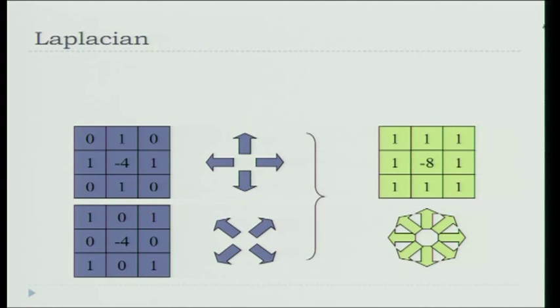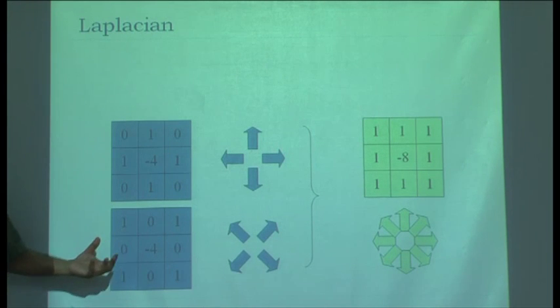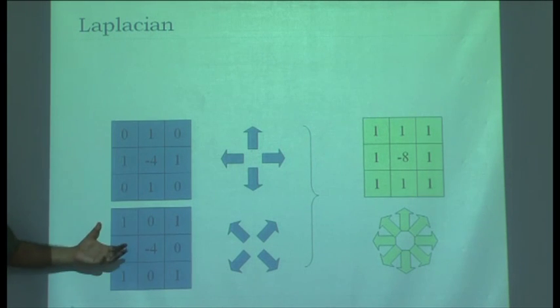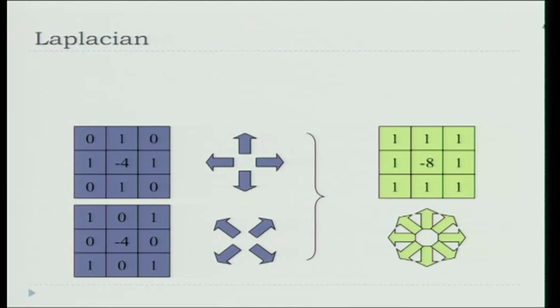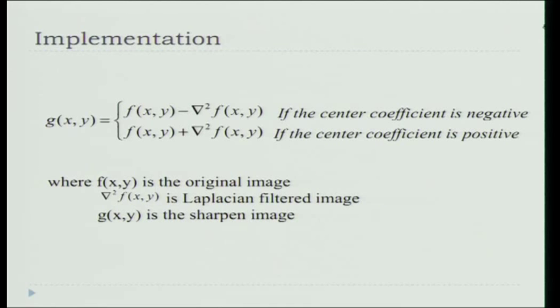So, this gives you the diagonals. If I add both of them, then I will get all 8 directions, right. So, the kernel becomes 1 1 1, 1 minus 8 1, 1 1 1. That kernel gives you whatever second derivative you got, right, along the x direction and along the y direction.